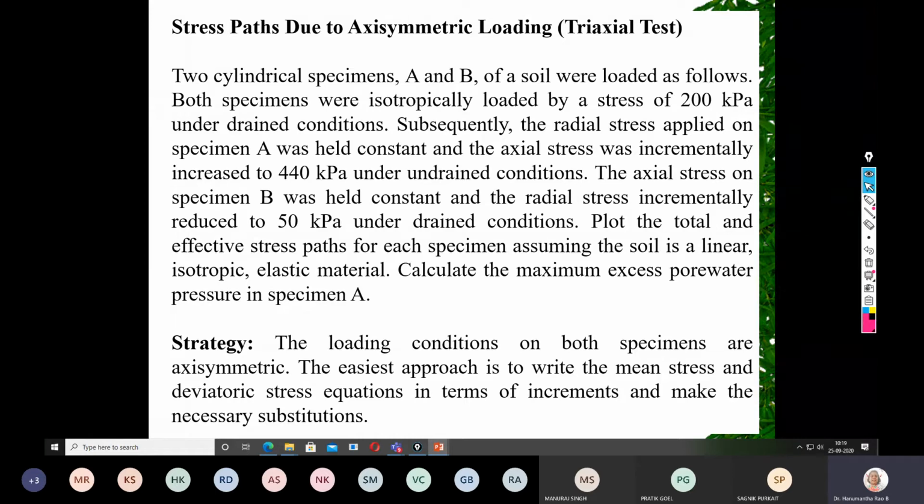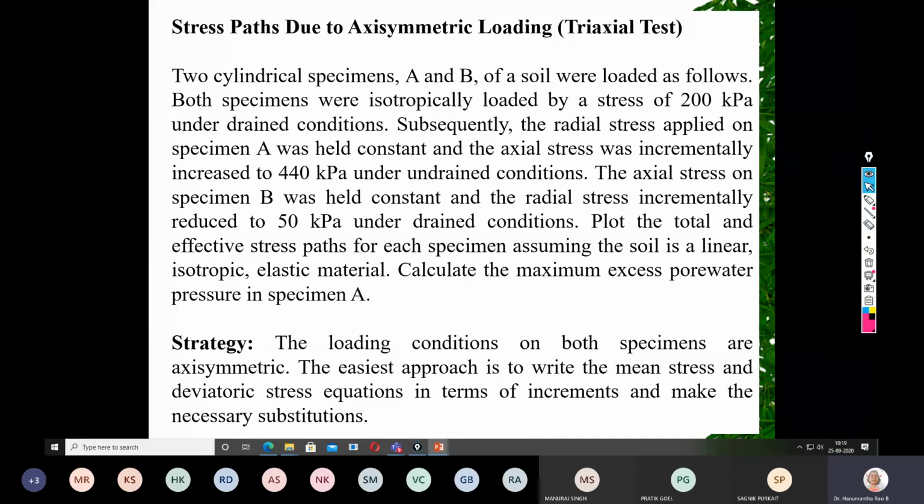The triaxial load applied was 200 kilopascals. Subsequently, the radial stress applied on specimen A was held constant. So on sample A, delta sigma 1 was increased by keeping delta sigma 3 constant, but under undrained condition. That means during the isotropic loading the sample was consolidated, but during shearing no consolidation was taking place.